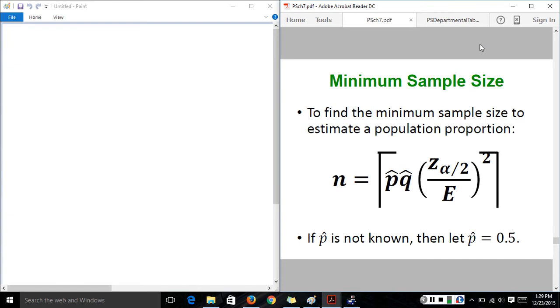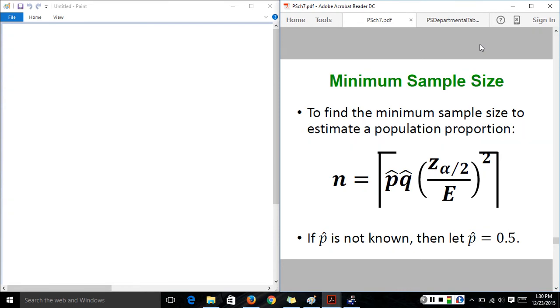In other words, if you get an answer that is a whole number, then you leave it alone. If you get an answer that's not a whole number, round that up to the next whole number. After all, you're looking for the minimum sample size, so if you need at least that much, you're going to need a whole number because the sample will be comprised of things that are whole numbers.